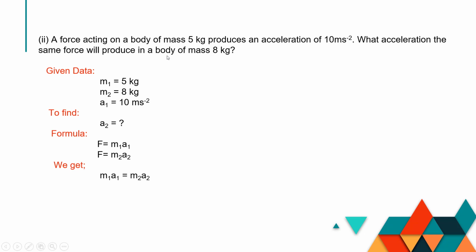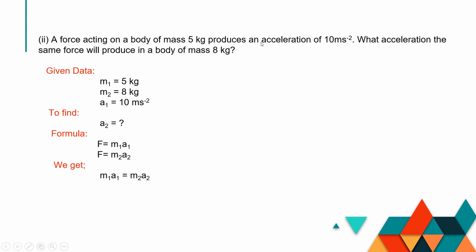As you are given two different masses, 5 kg and 8 kg, you will write m1, the mass of the first body, which is 5 kg, and the second body mass is 8 kg, so m2 is equal to 8 kg.